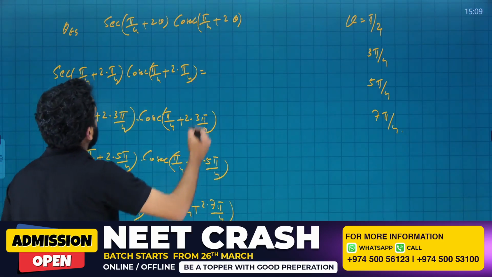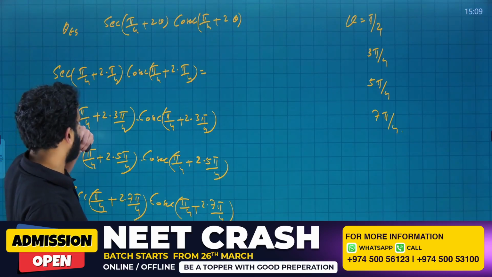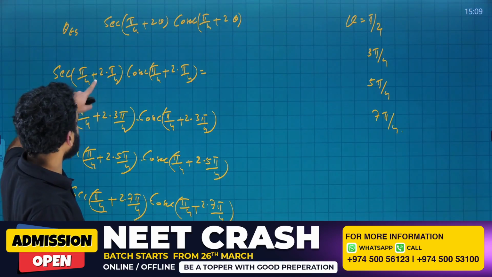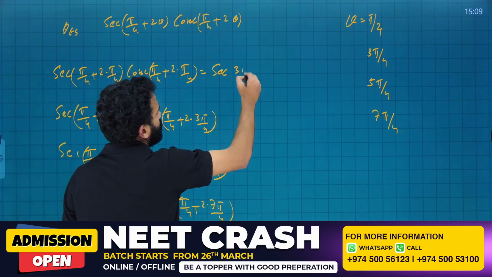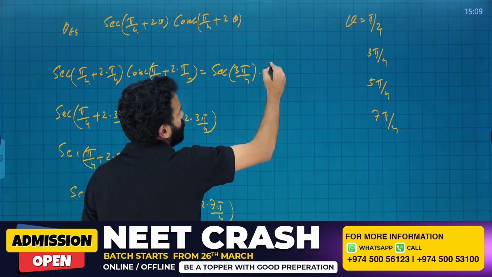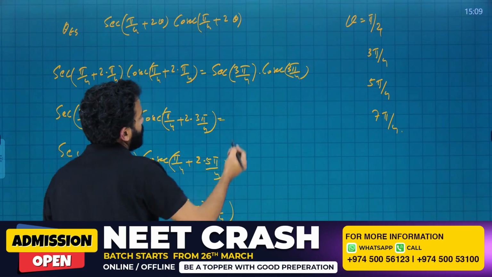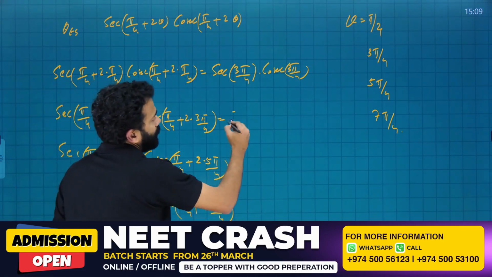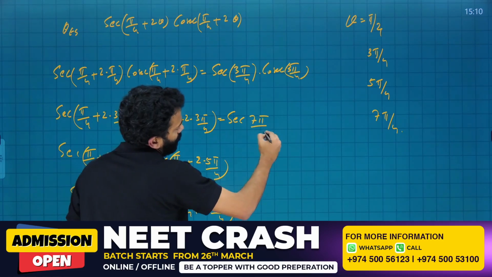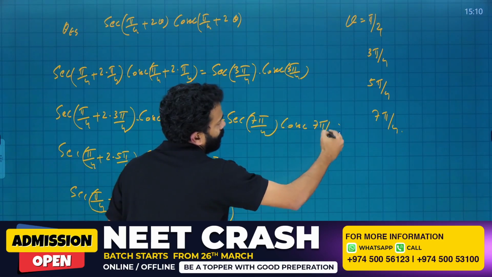So this becomes sec of pi by 4 plus 2 pi by 4, that is sec 3 pi by 4 into cosec 3 pi by 4. And this is sec 7 pi by 4 into cosec 7 pi by 4.